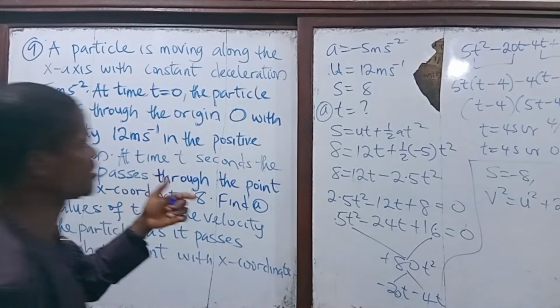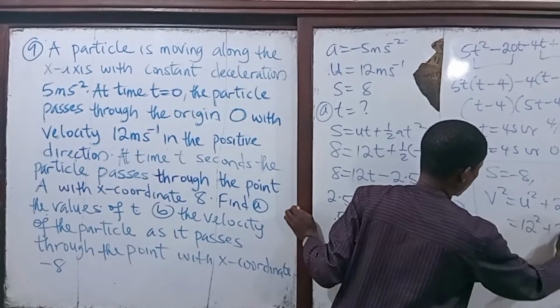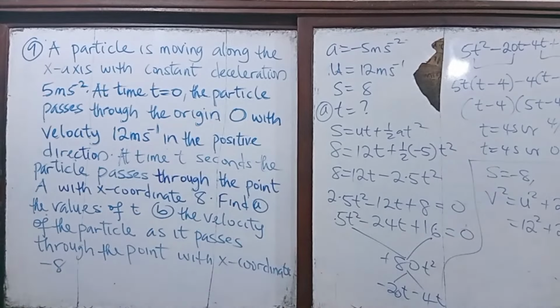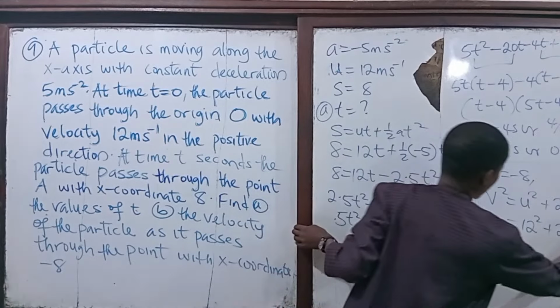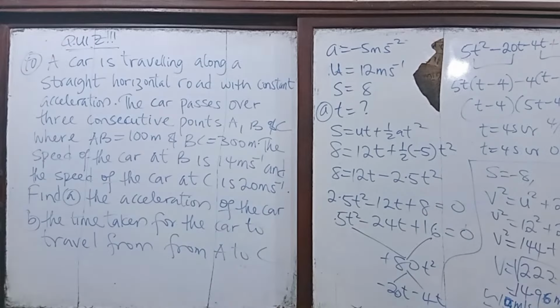We have the initial velocity as 12, squared, plus 2 times a, where a is minus 5, and the distance is minus 8. That's the quiz for us.